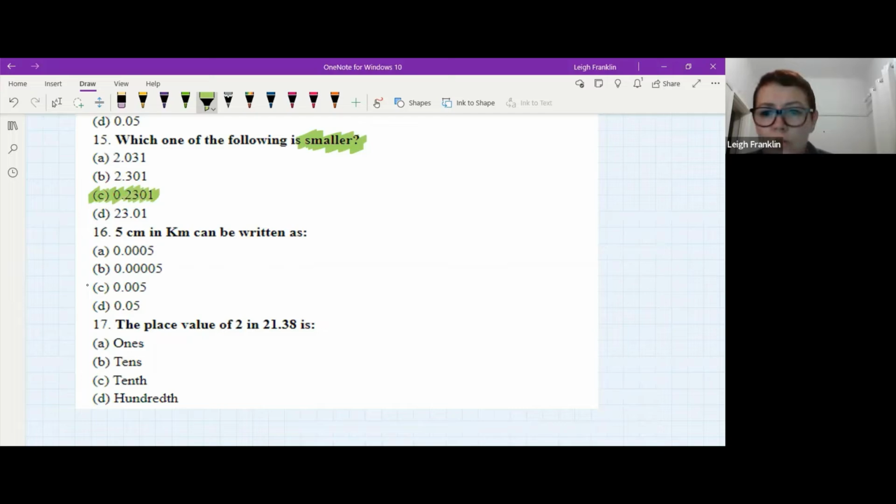Toluana, you are doing number 16. 5 centimeters written in kilometers. Wow, what a big question. What's the answer, Toluana? Toluana?